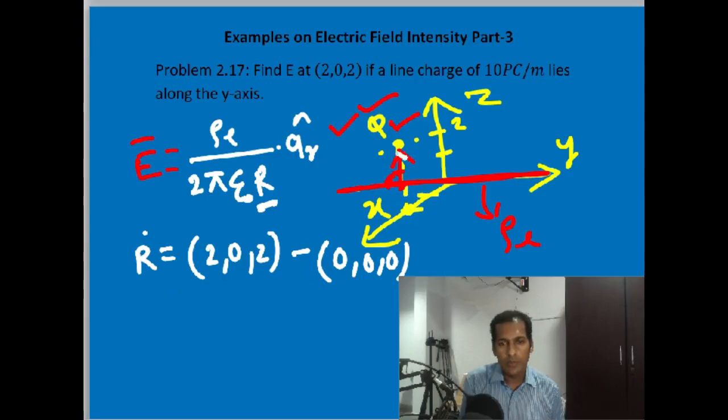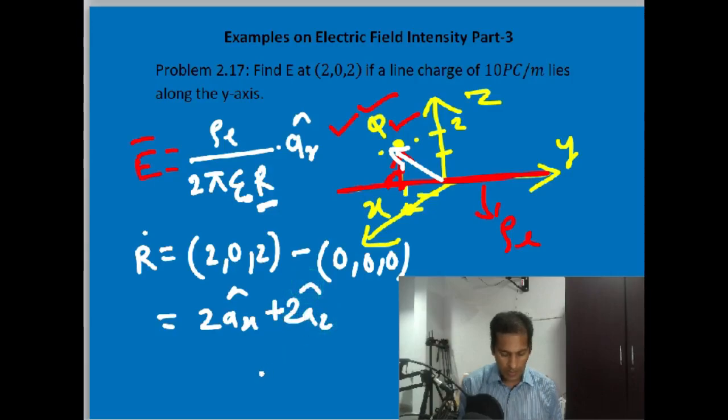So from the origin we will find the electric field intensity in this case. So what will R be here? R will be equal to 2 AX cap plus 2 AZ cap.